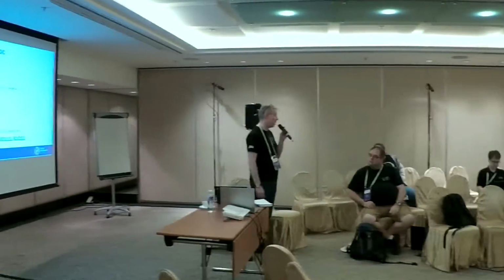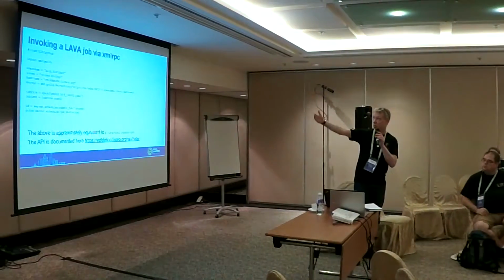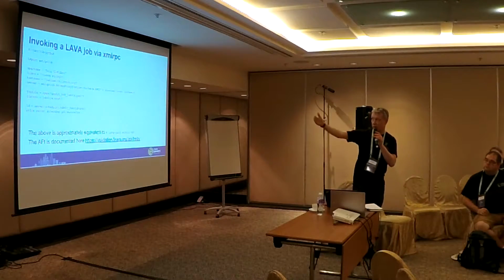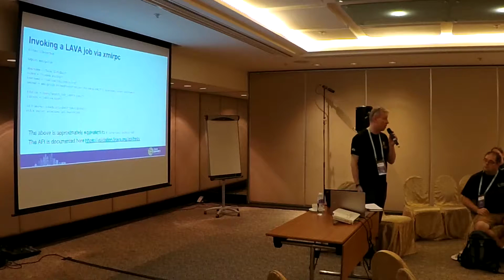So Lava tool auth add to add your token, Lava tool submit job. You can do the same as basically 10 lines of Python, submitting the token, and that does the same thing.